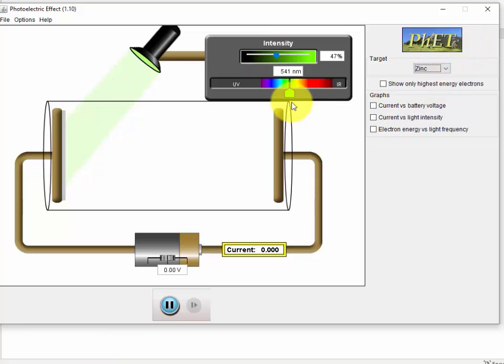So there's my zinc, and I'll go until I start seeing electrons, and I'll back off a little bit. So maybe around there, 293 nanometers. Let's go to copper.